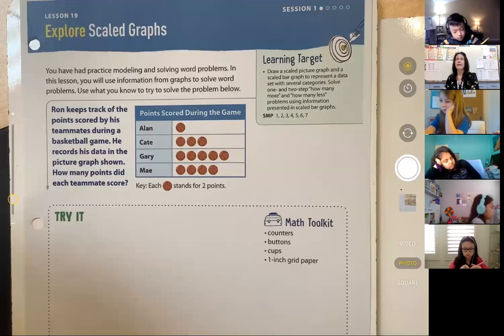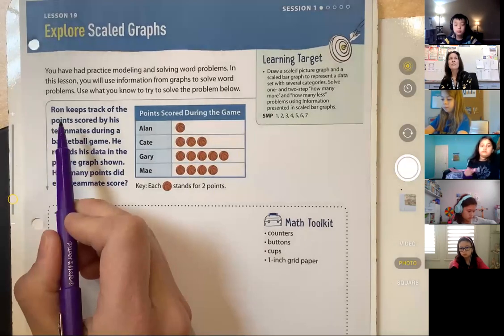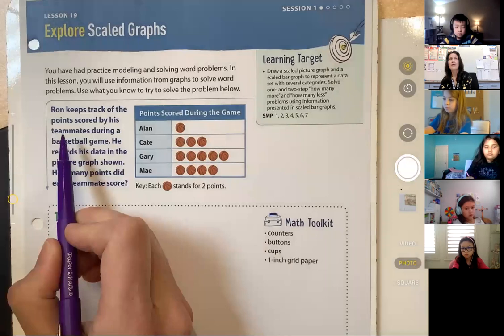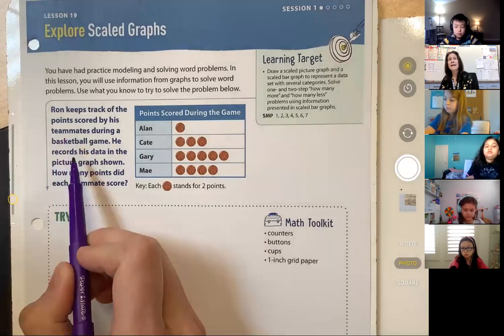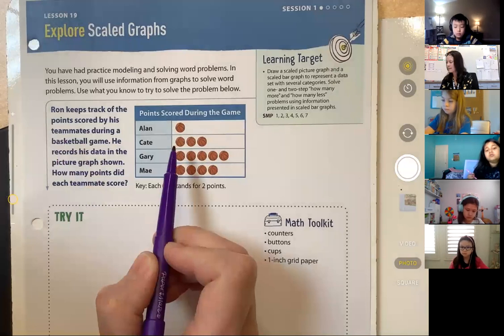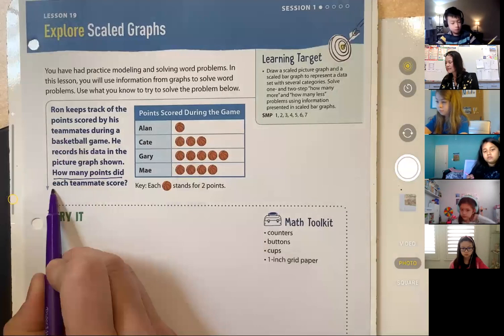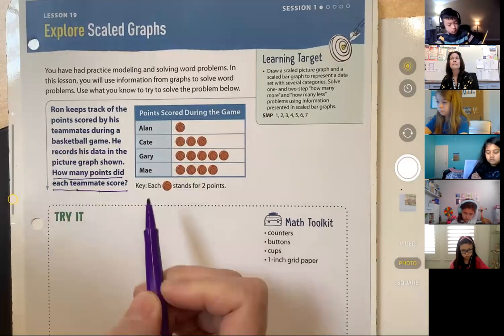So I'm taking out my purple pen and I'm going to close read it this time. So Ron's keeping track of points. He's playing basketball. He's recording his data in this picture graph right over here. The question is asking me, how many points did each teammate score?